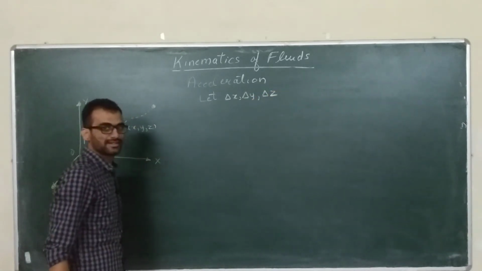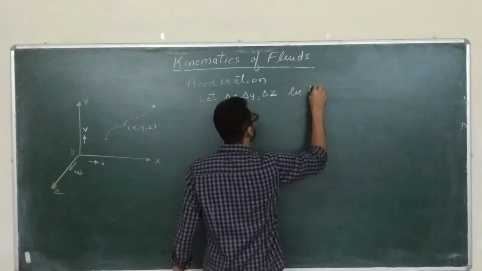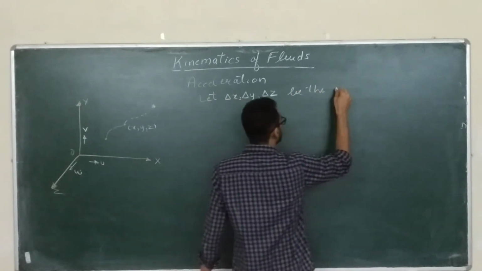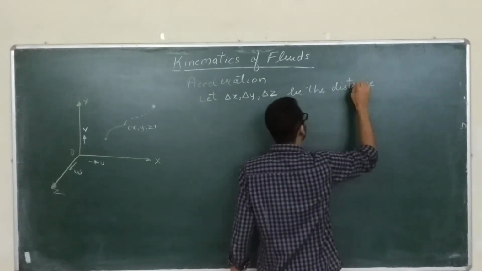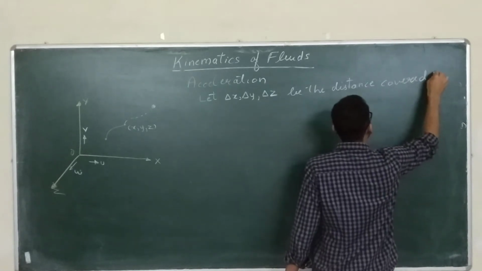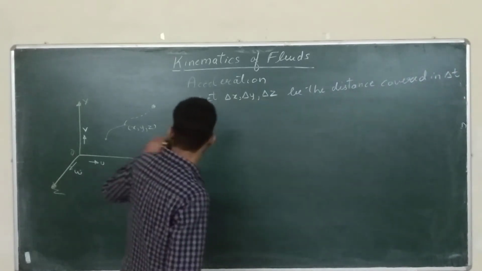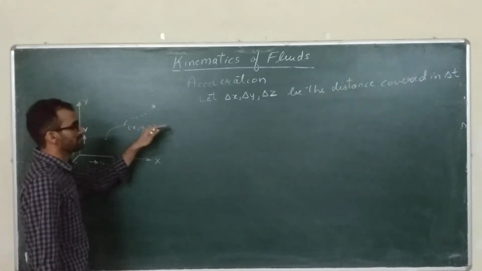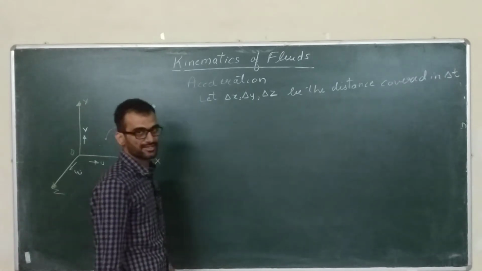So in delta t, let delta x, delta y and delta z be the distance covered in time delta t, in x, y, z directions respectively.